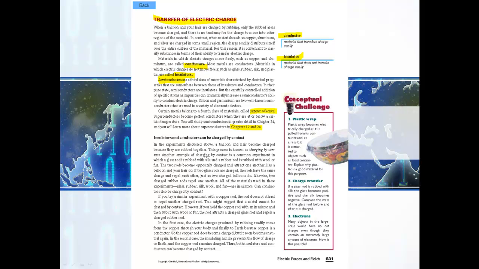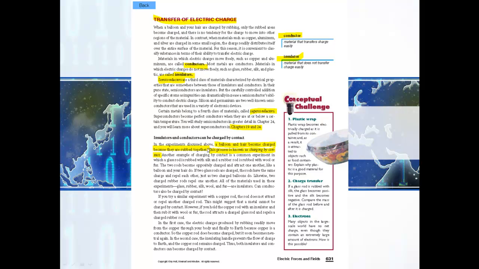Your book kind of skirts along the friction method. I mean, it jumps right here into the idea of this process is known as charging by contact. The idea of conduction is really more described by that. But here, bringing back the idea of the balloon and the hair being charged because they rub together, that's an example of the friction method.